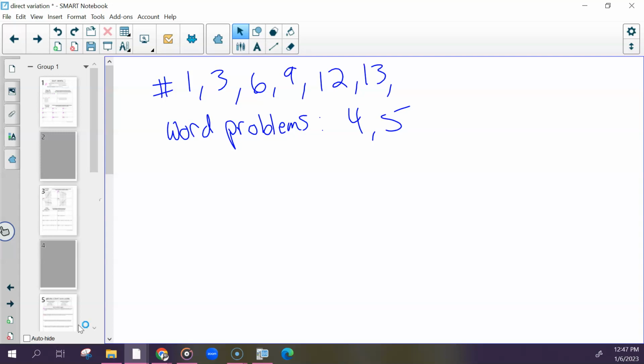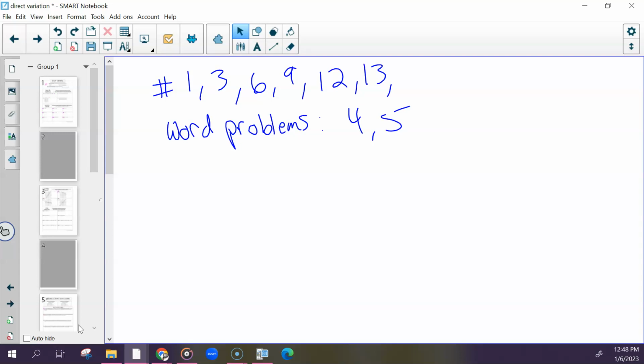So you can be working on these practice problems, numbers 1, 3, 6, 9, 12, 13, and then on the very last page of word problems, 4 and 5. Do as many of those as you can in the 20 minutes. Or, if you have not done today's Khan Academy, you can work on those. So either the Khan Academy that is due today or this, but you must be working on one of these things. Questions on that?